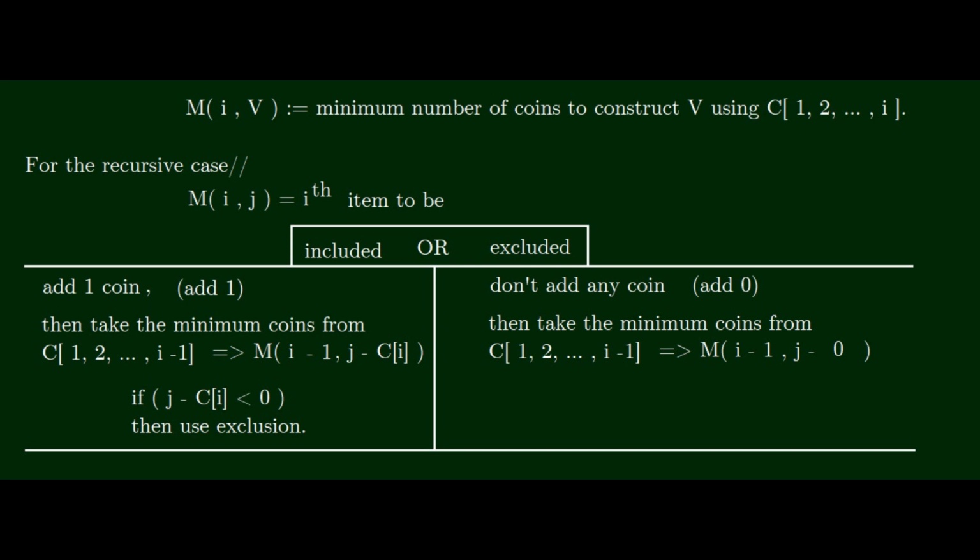You can't take that item because it is already taking too much space and the value will not be achieved. So we have to take the exclusion.